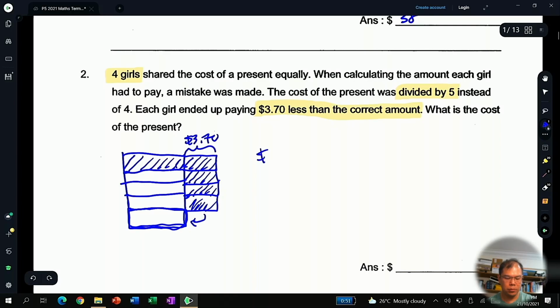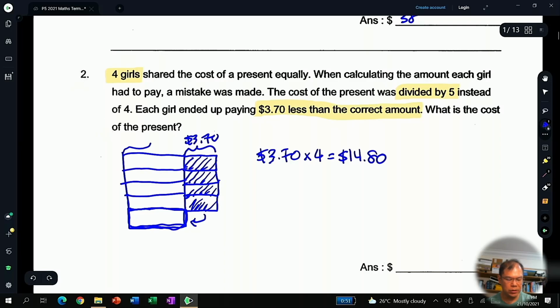So $3.70 times 4 would be $14.80. That would be the portion for each of this wrong amount.